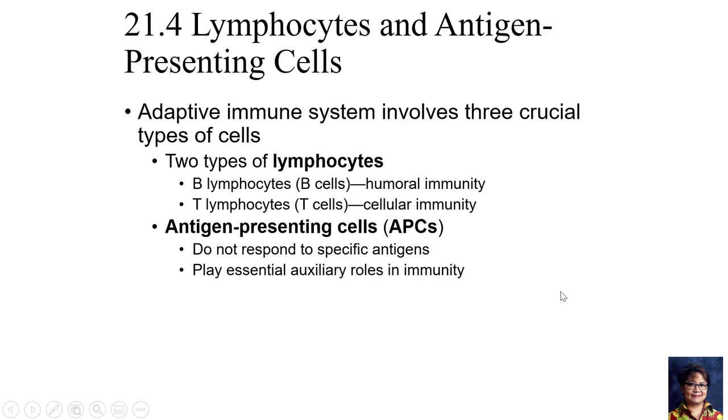So the adaptive immune system will involve three different types of cells. You have the two lymphocytes: the B cell, which is the one that produces the antibody, and the T cells, which are involved in cellular immunity. And then the antigen presenting cells. Usually the antigen presenting cells do not respond to specific antigen.